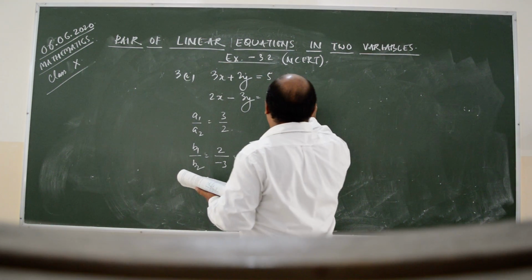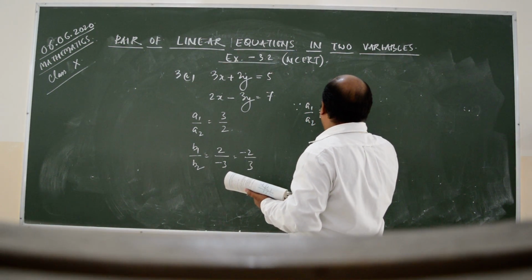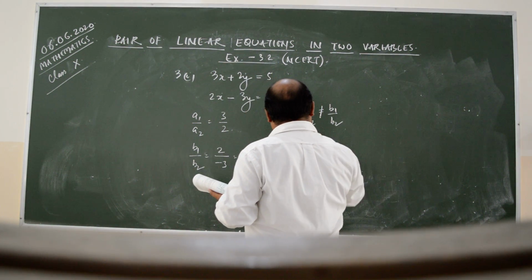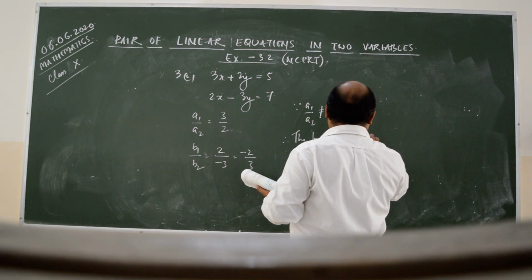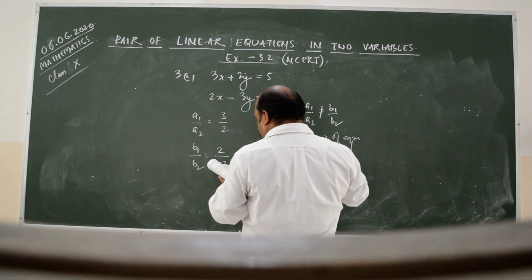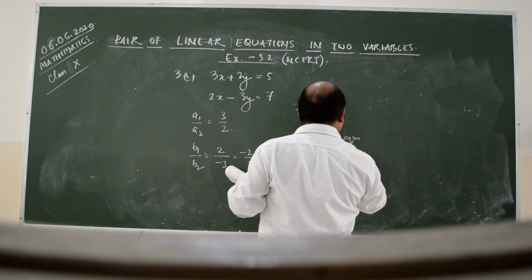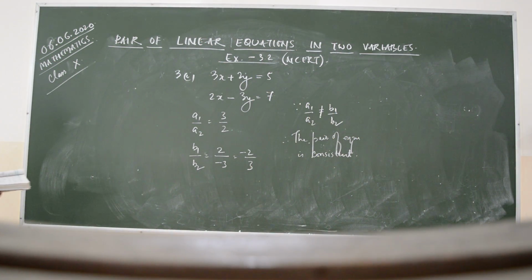Since A1 by A2 is not equal to B1 by B2, therefore the pair of equations is consistent. Since it is having a unique solution, it is consistent.